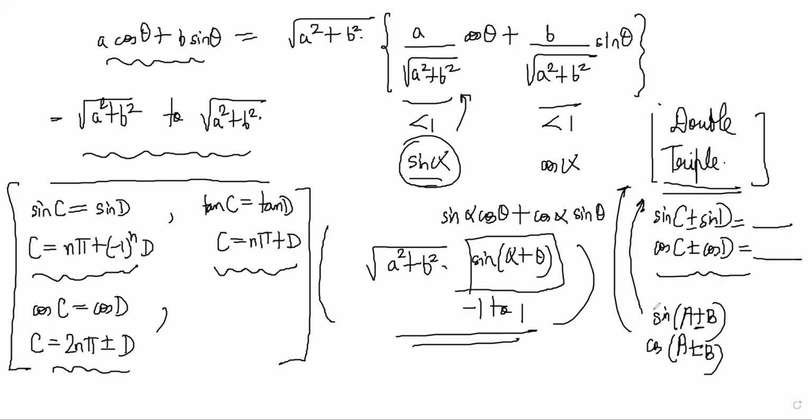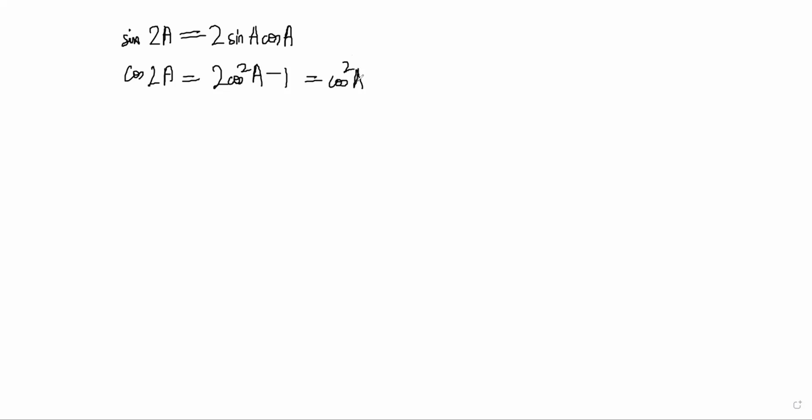Half angle formulas you don't need to recall. You only need to know the double and triple. Why is there a need to recall half angle formulas? As long as you know these two, who cares? Just replace a with a by 2, and it will become your half angle formulas.